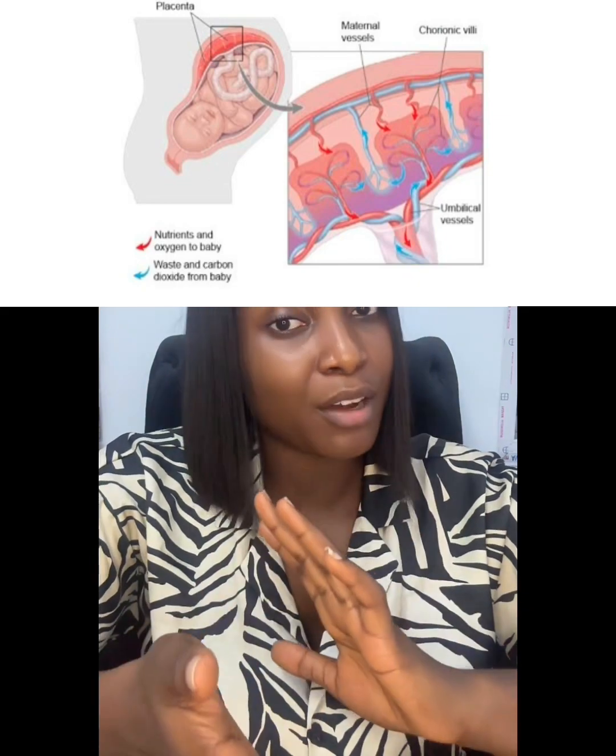So normally, when a mother is pregnant, small amounts of the child's blood mix with the mother's circulation. What I mean is that there is a connection between the mother and the child through the placenta. You remember I once mentioned that gases, nutrients, and blood are exchanged between the mother and the child through the placenta. Now, very minute blood from the baby does get into the mother's circulation.